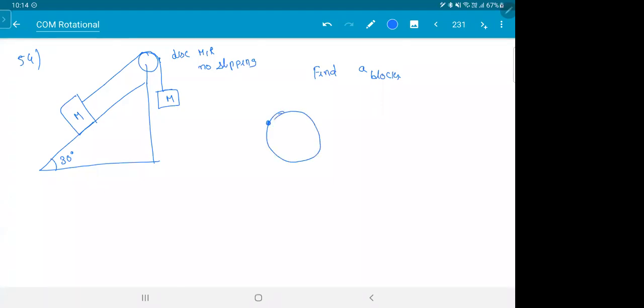See, you attach the mass M here. What will be the components here? Mg sine 30, Mg cos 30, and this is Mg. Agreed? When you attach the mass M there, what you're interested in is actually the components. So when you take torque about the center, there is torque due to Mg sine 30, torque due to Mg cos 30, and torque due to Mg.